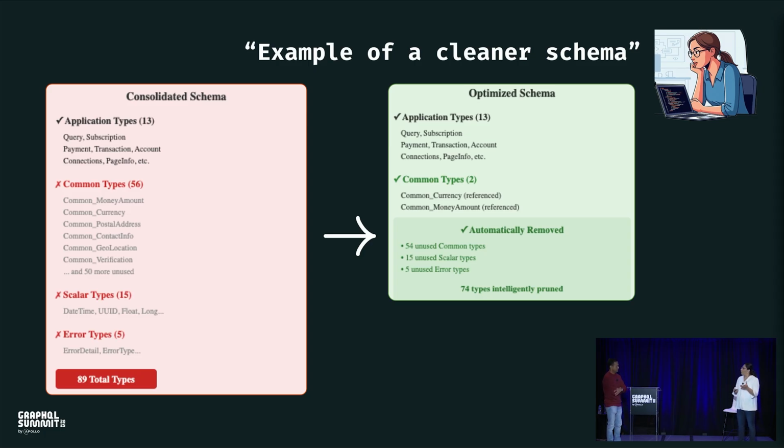Now, these will be published, unnecessarily creating coordination burden when you have to evolve these shared types. After schema pruning, you can see that our schema pruning feature has intelligently pruned 74 types. So your schema is much more concise, and this reduces the coordination overhead. Okay, thank you.